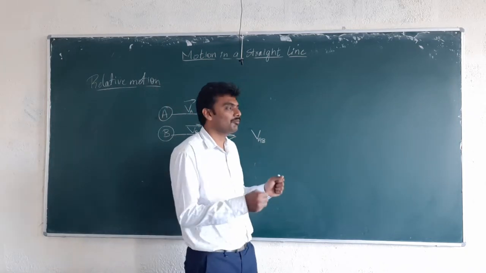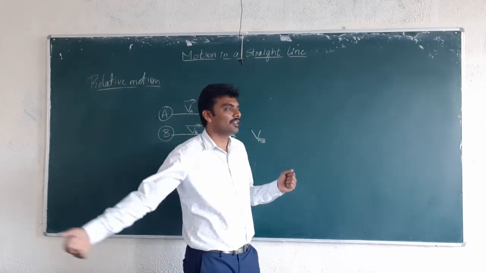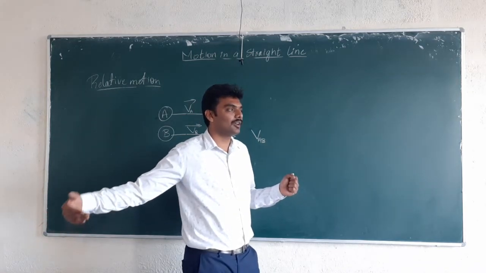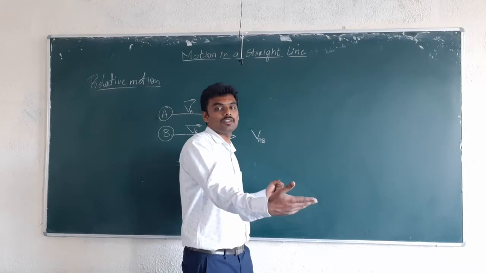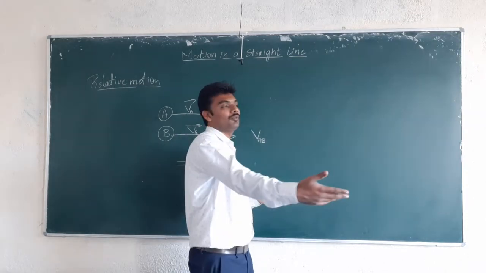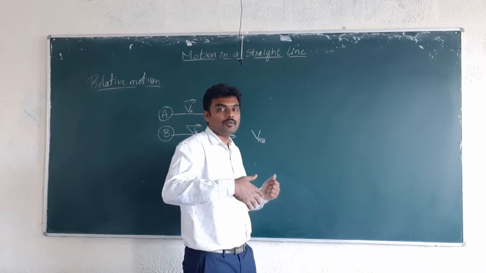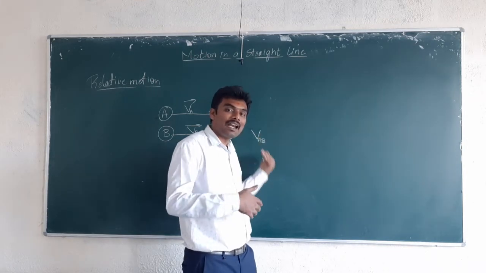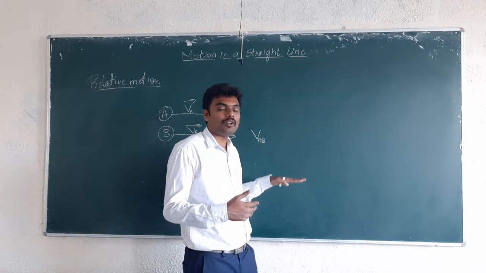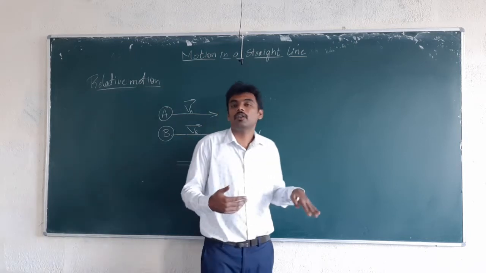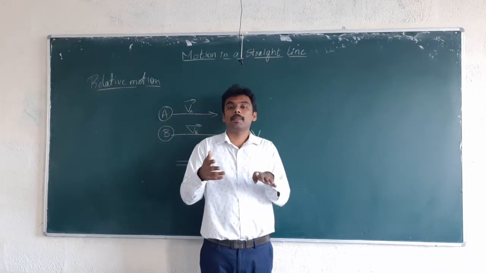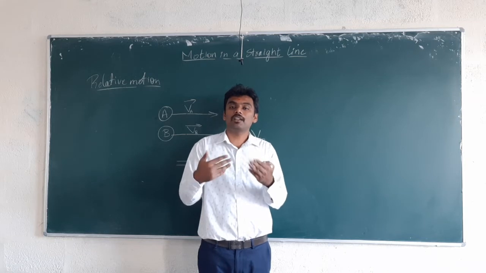See, if I am driving the car, say another car overtakes me with certain speed. For a person who is standing on the ground or standing on the road and looking at the motion, both of us are in motion.